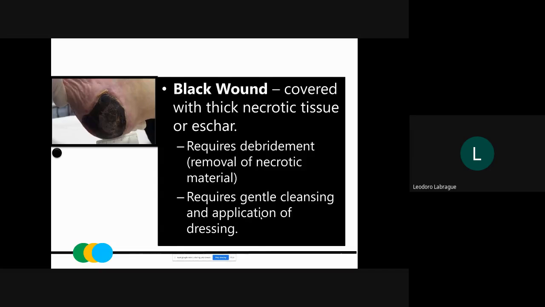So most probably, I will irrigate the wound, clean the wound, and put antibiotic ointment. For a black wound, that definitely involves removal of the necrotic tissue. It is called debridement. Take note of the three types of wound and take note of the specific nursing management for each type of wound.